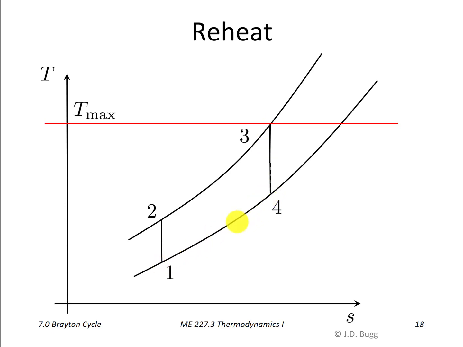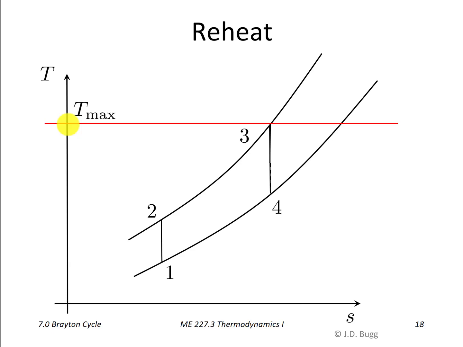Now we also introduced this idea that there is a maximum temperature that we can allow, so we can't go above whatever the material limitations are of our turbine blades. A way to increase the power output of a Brayton cycle without going above that temperature limit is to use a reheater. And this is exactly the same concept as in a Rankine cycle, and we're using it for exactly the same purpose, to keep the temperatures from going too high.